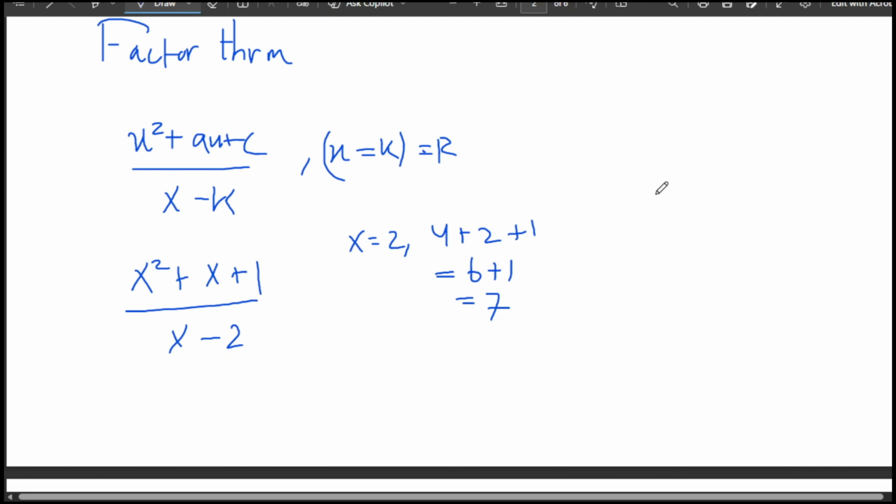If we use long division, x minus 2 into x squared plus x plus 1.